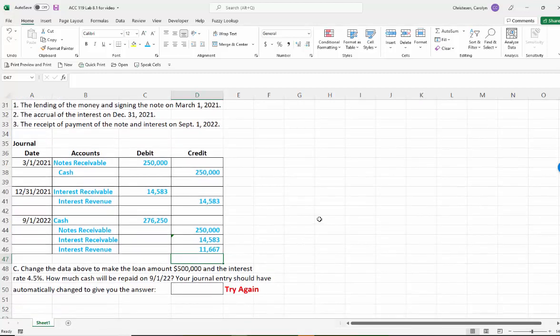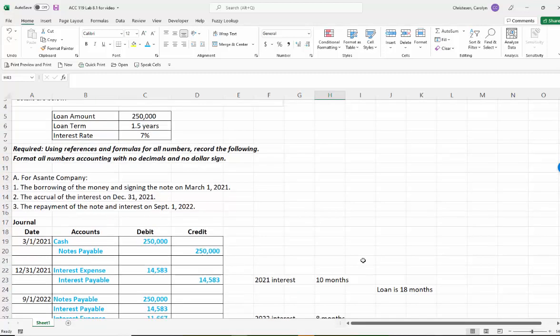Okay, so now we want to make sure that we used Excel properly. So we're going to change the data, and this is why it's really important to use references and formulas when you use Excel. So I have this set up so that if you put in the correct amount, it's going to tell us that it's correct. So now we're going to make the loan $500,000 and the interest rate 4.5%.